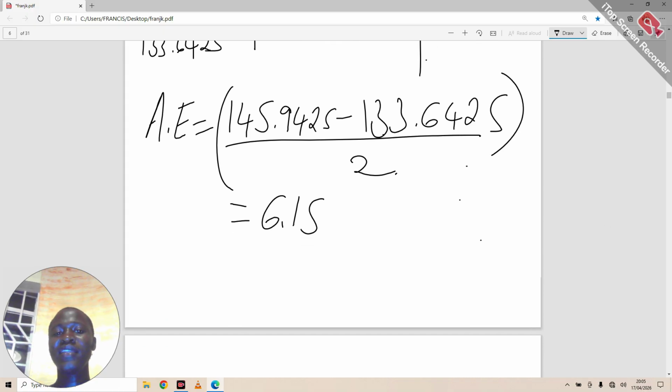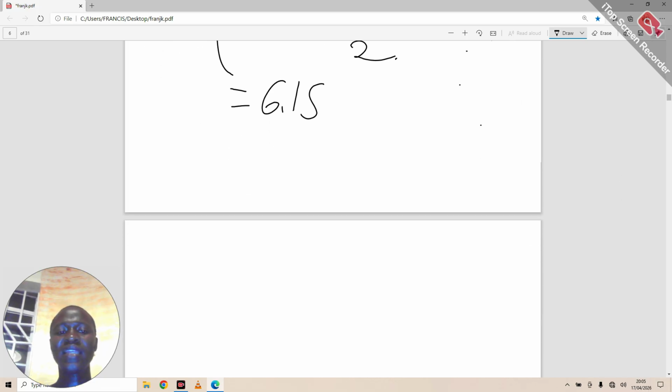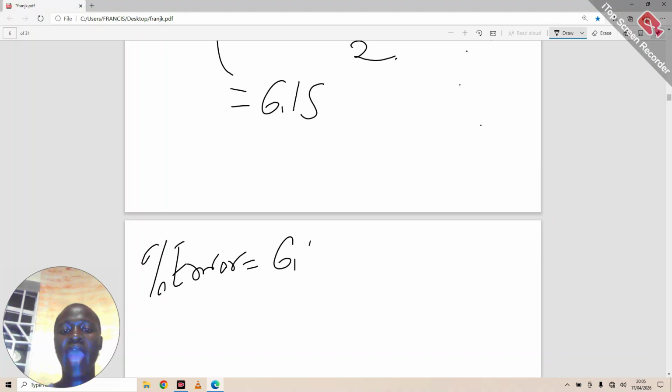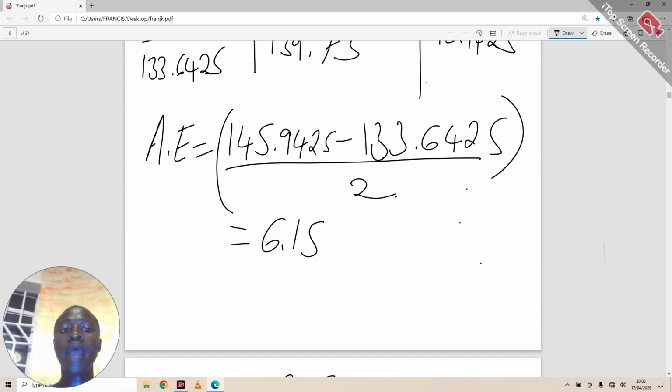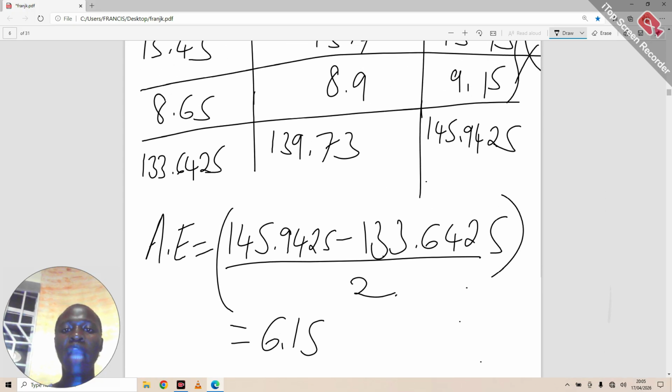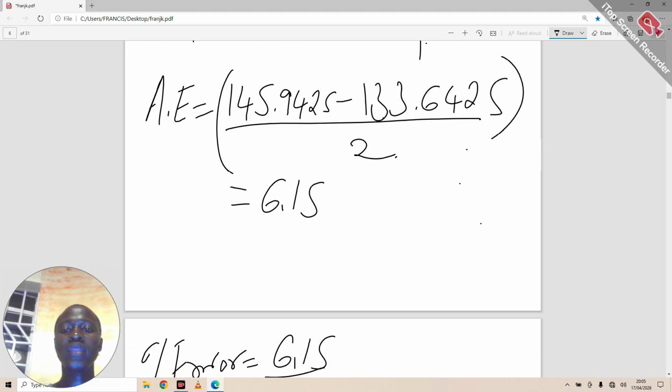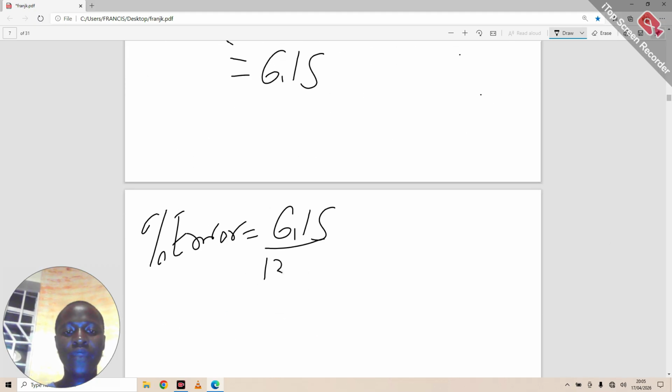That is our absolute error. So let us get the percentage error, which is combined inside the relative error. Relative error is the absolute error all over the actual value, which is 139.73, then times 100%.